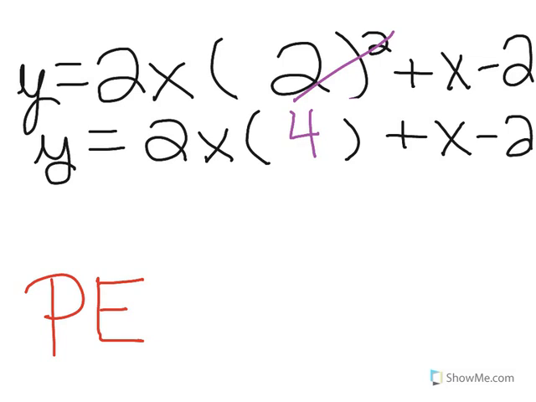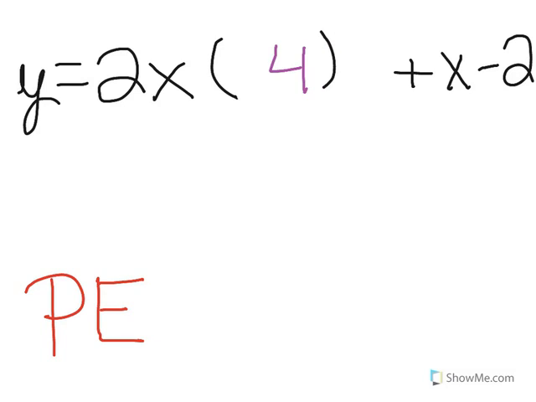Next, we will go to the M in PEMDAS. The M in PEMDAS stands for multiplication. So next I see if there's any multiplication to be solved in the problem. There is. 2x times 4 means I'm multiplying 2x times 4.